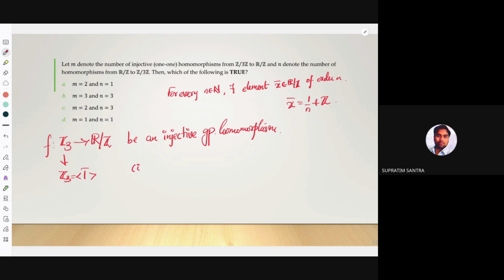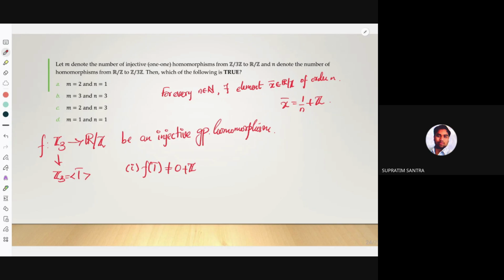So first thing, f of 1 bar is not equal to 0 plus Z. Why? Because f is injective and 0 bar anyways goes to 0 plus Z. f of 1 bar is also not equal to f of 2 bar. So all these three are distinct elements.